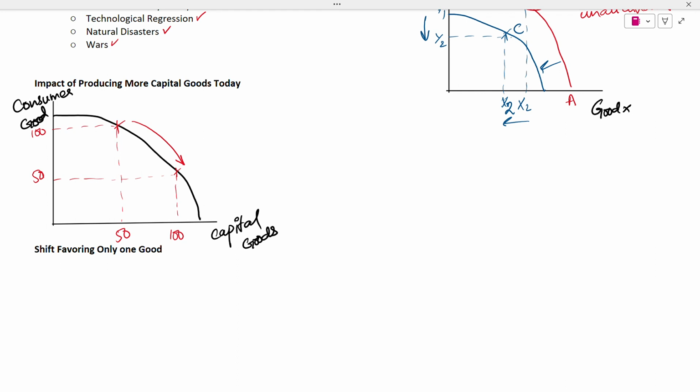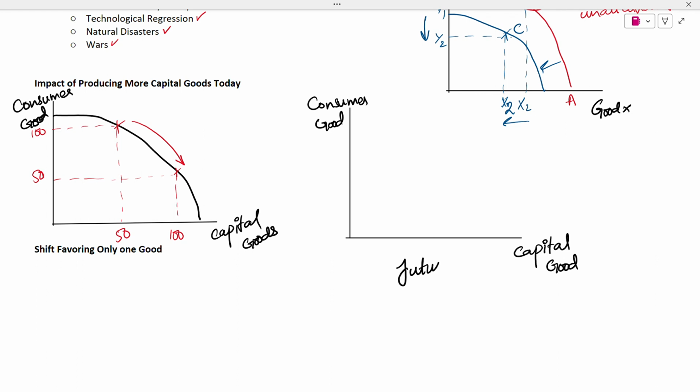So today there would be a movement along the production possibility curve. But if we look at the long run impacts, in the long term, since capital goods are also the factor of production capital, our productive capacity would increase, because that would mean that we are investing more on capital goods today. So this is the production possibility curve of the future.